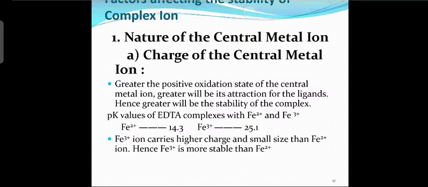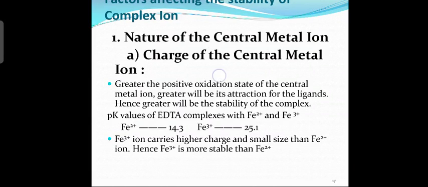Now, next are the factors affecting the stability of complex ions. The stability of complex ions, that means complex compounds, depends on many physical and chemical factors. The important contributing factors are the nature of the metal and the nature of the ligands.